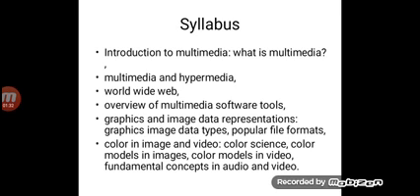So today let us cover the last part of this chapter, that is color in image and video. In that we will specifically focus on color science, then the different color models for video images, and fundamental concepts in video and audio. Out of which, the fundamental concepts of audio and video we have already seen.